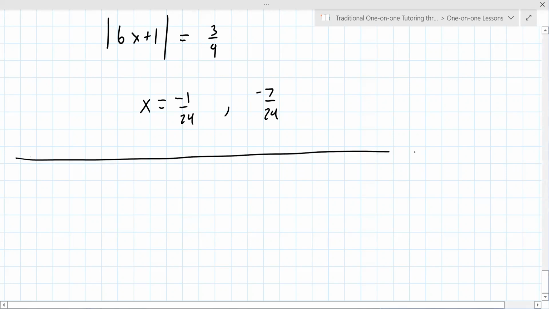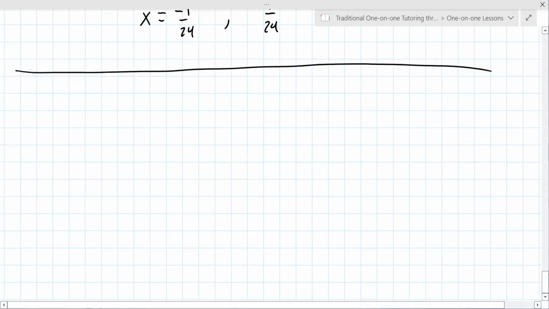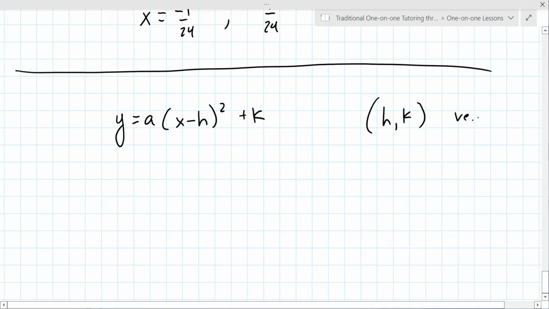So let's talk a little bit more about absolute value, and we're going to start with graphing. If you remember, a quadratic has this form right here. H and K is the vertex. An example would be 2 times x minus 3 squared plus 5.